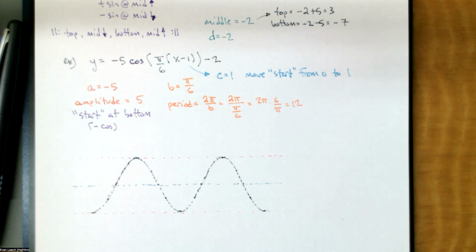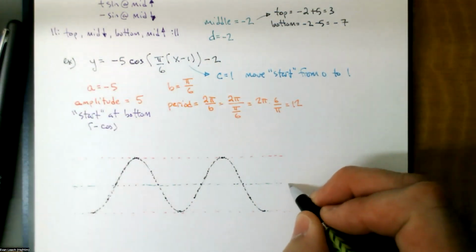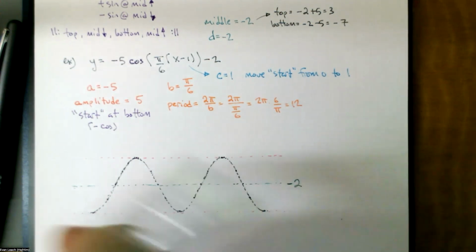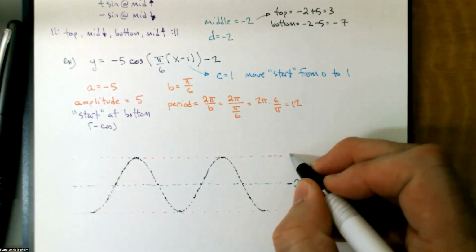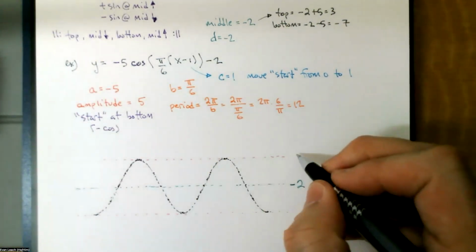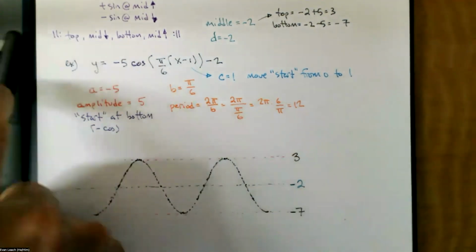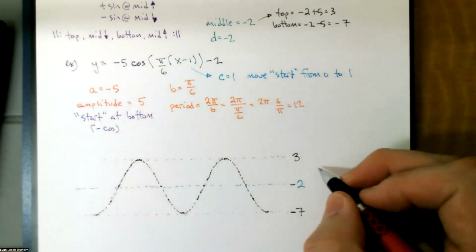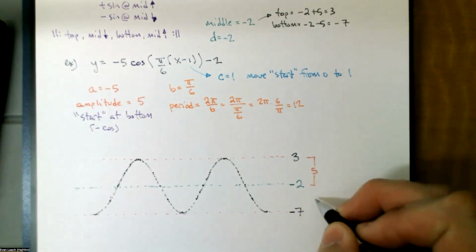We calculated the middle to be at -2. So this line is happening at -2. The top is happening at 3. And the bottom is at -7, because the amplitude is the distance from the middle to the top, and the middle to the bottom.